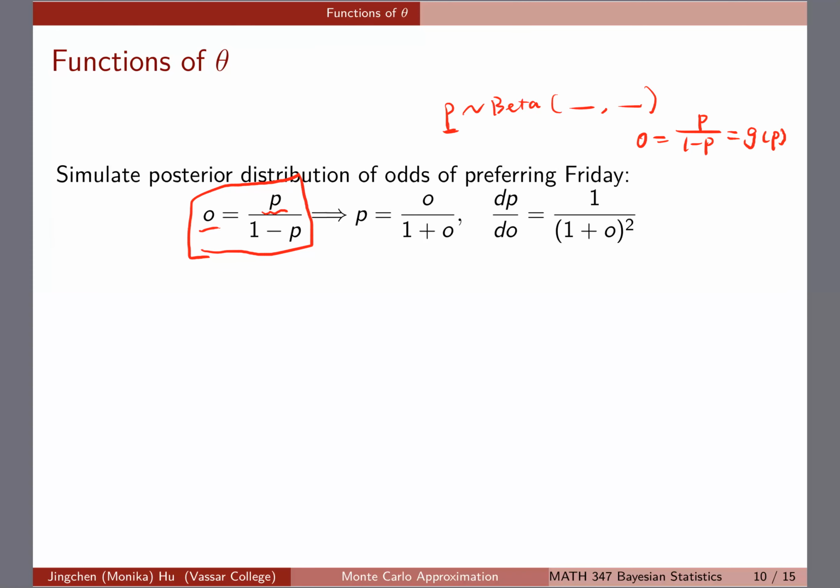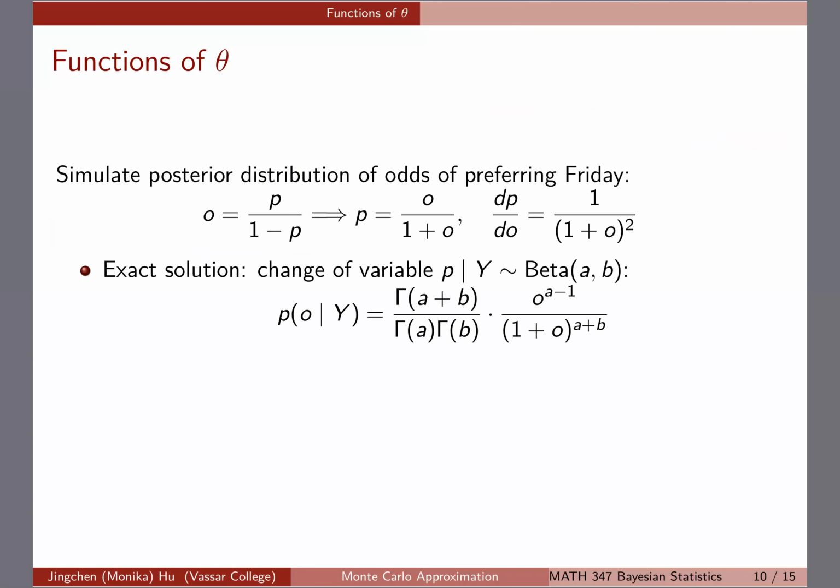So earlier we covered that regardless of what kind of functions you work with, you should be able to use Monte Carlo approximation as well. So I'm just going to cover the example. Before we get there, you can always try to work with the exact solution. And this is another good example of the change of variable, the transformation of variable that we reviewed before.